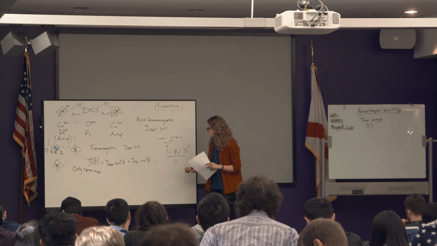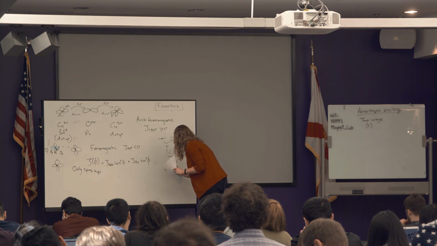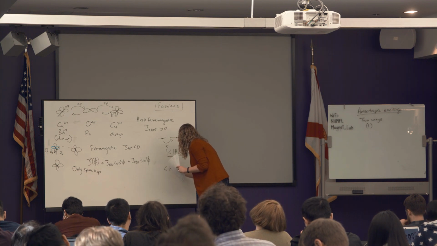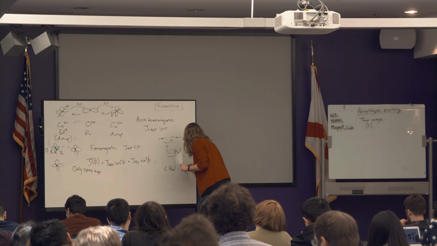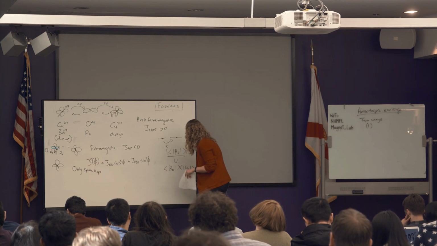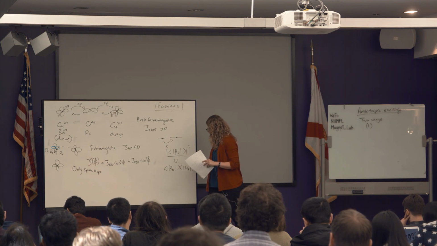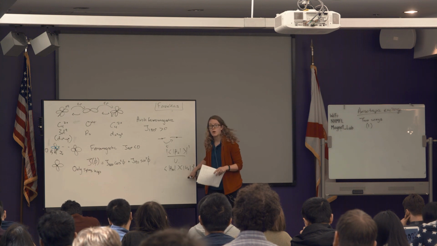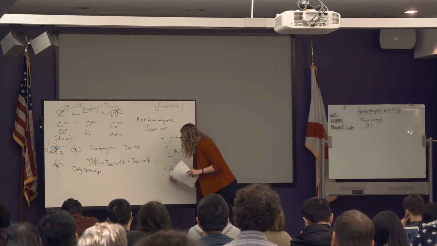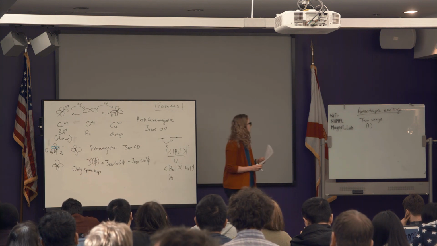So you can also get terms where you have your spin-orbit coupling as an intermediate term, and also maybe some hopping terms. And so this will give you a term that goes like lambda spin-orbit.